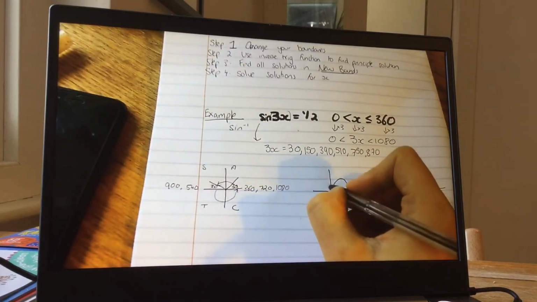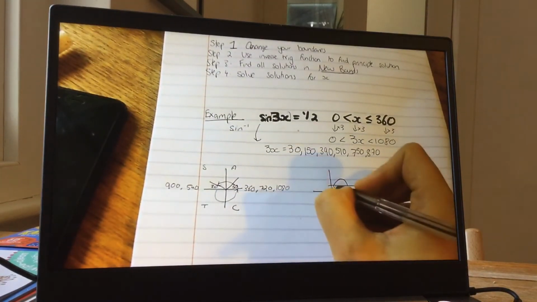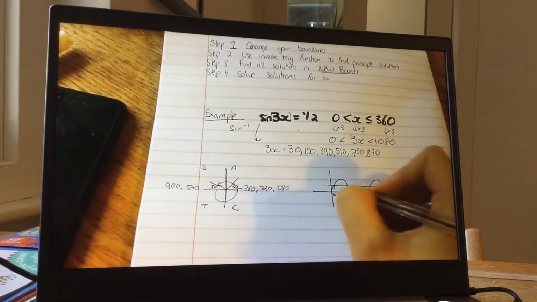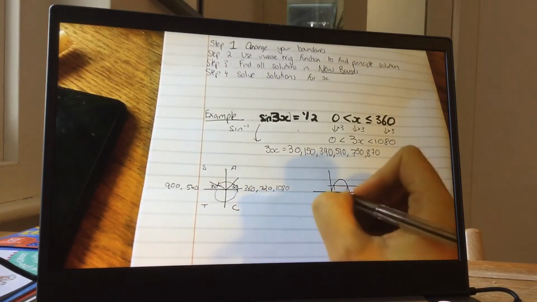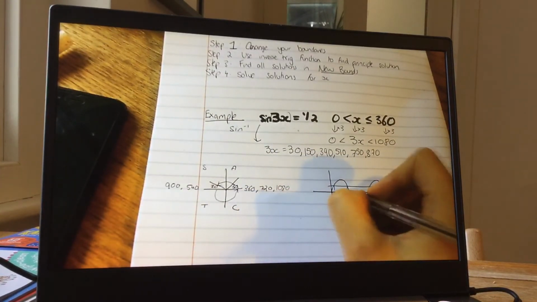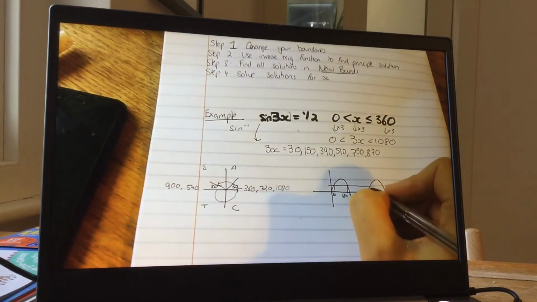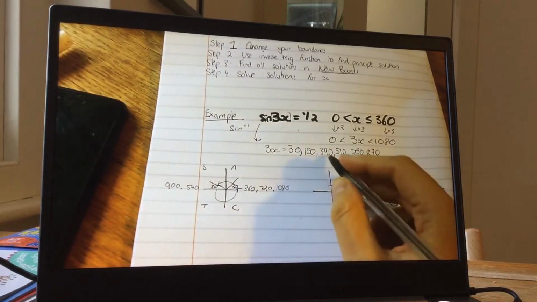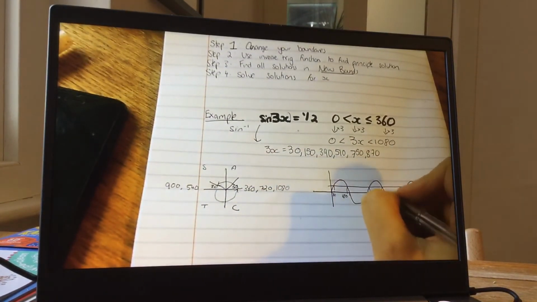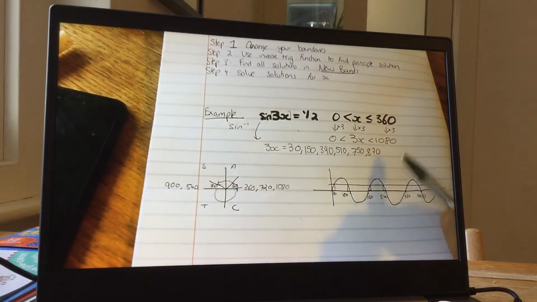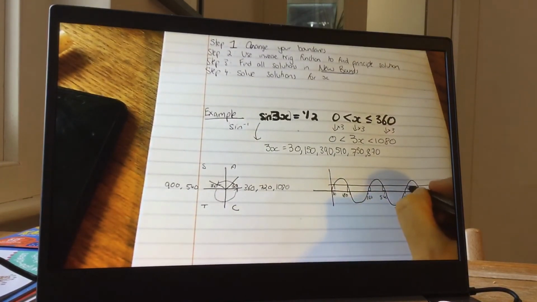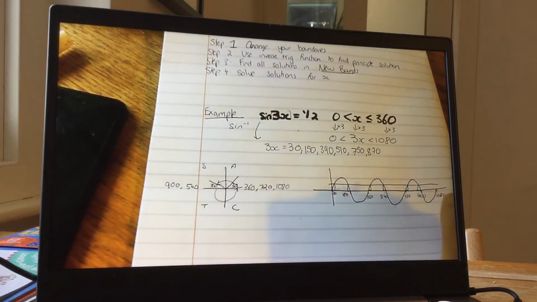So my half was here, so my first answer was 30 there, so this distance matches this distance, gives me my 150, same distance here, gives me my 390, same distance here, gives me my 510, same distance here, 750, same distance here, 870, and then we're finished.